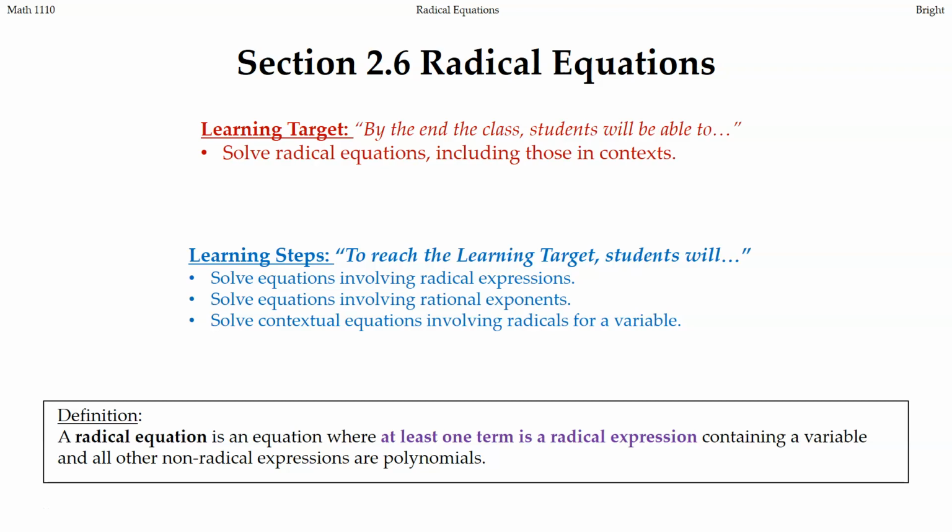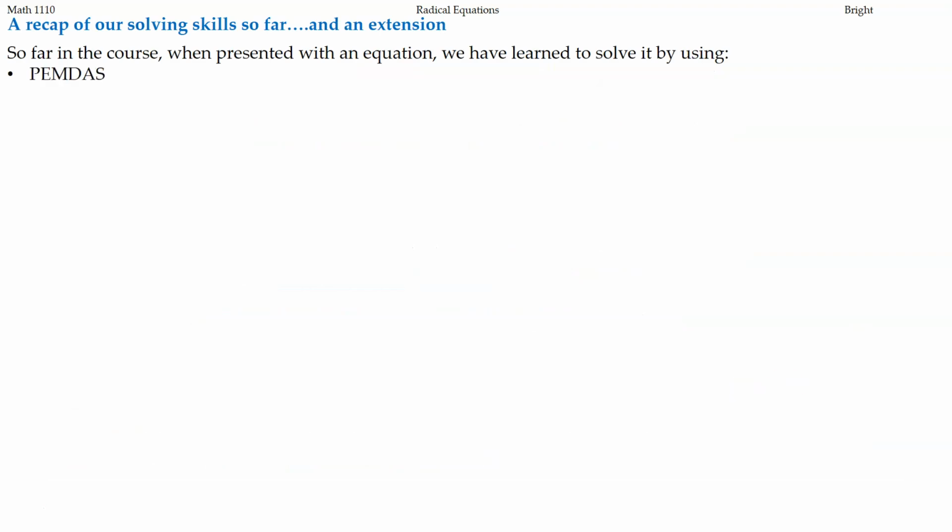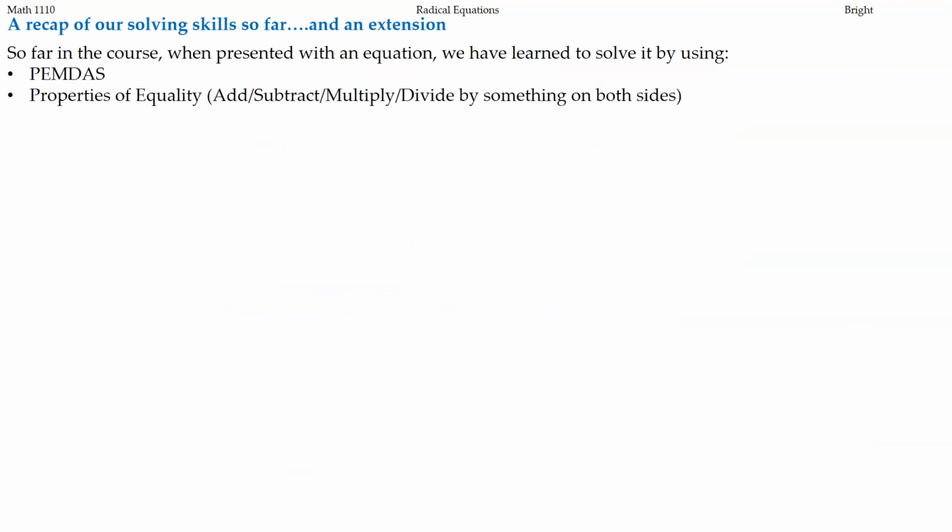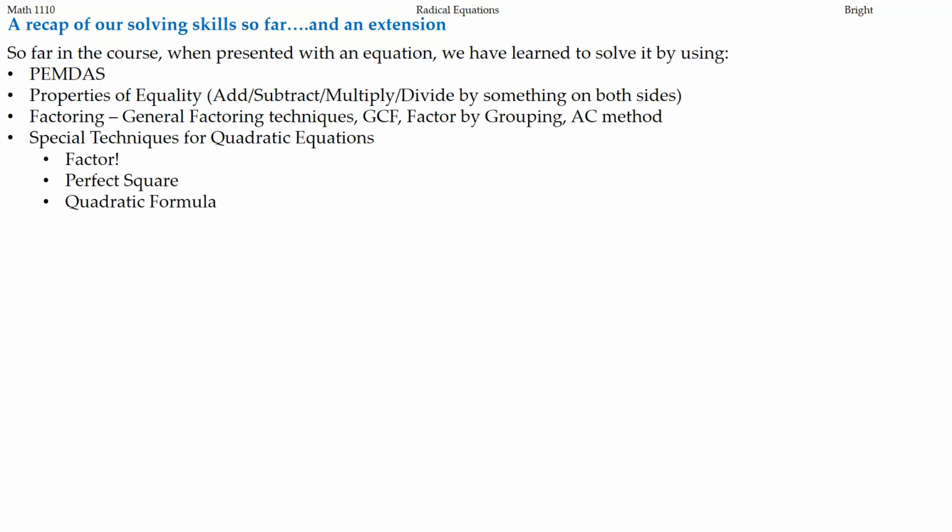But this is just an overview of what we have done so far. We've talked about PEMDAS, we've talked about properties of equality, factoring, right? And then we just finished our study with quadratic equations, right? We saw how to factor, perfect square, identities, and then quadratic formula. And then we're going to continue to use these, and you'll notice that, okay, we went from 2.3 to 2.6.